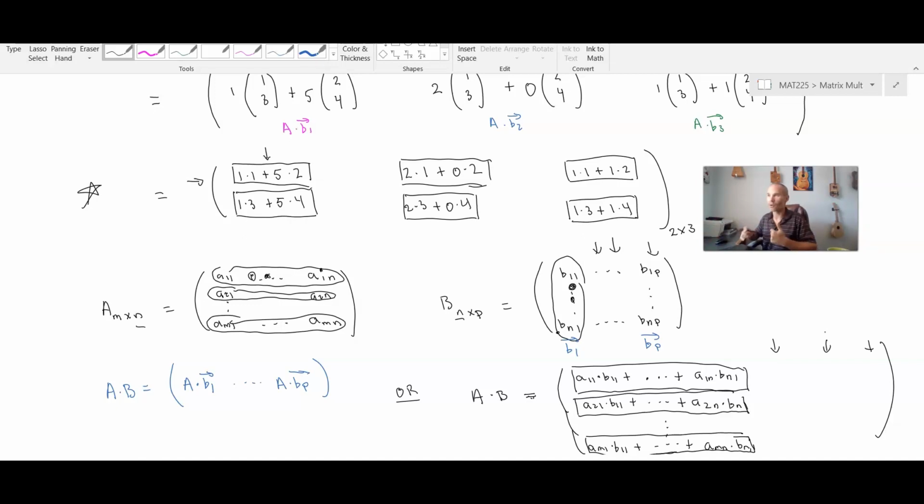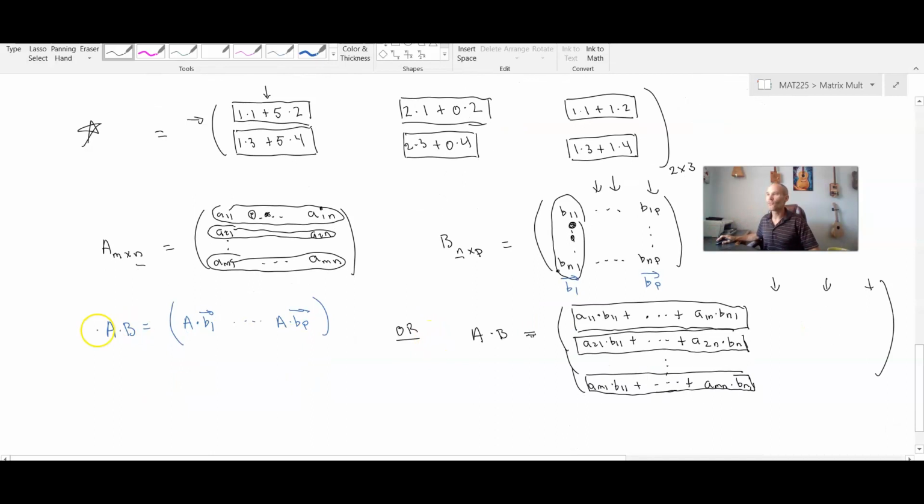So it's a bunch of dot products. And these two forms, whether we think about it as we're going to let the columns of B be the scalars in the linear combination of the columns of A, here we're doing exactly the same thing. We get the exact same answer, but it's a little messier, but sometimes it's more convenient in certain applications to think that way.